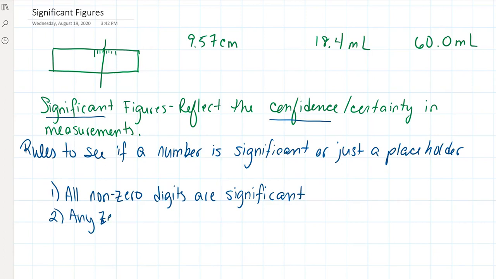Like 101, for example. Any zero between two non-zeros is significant.